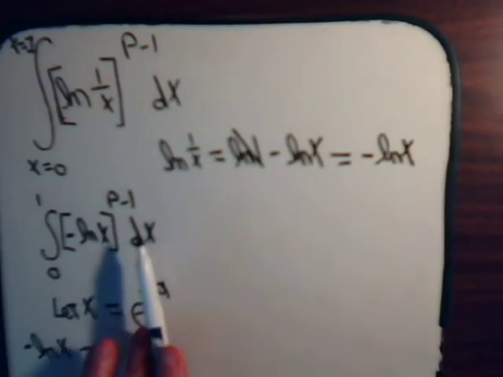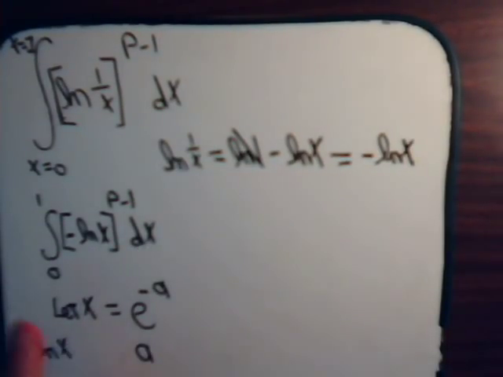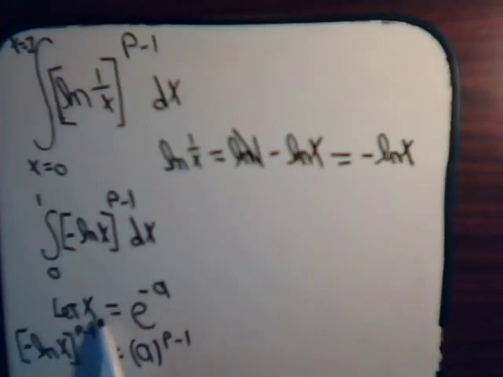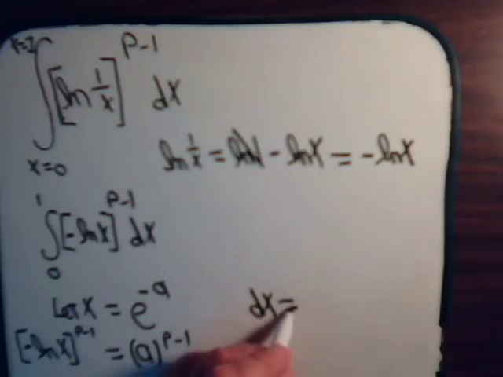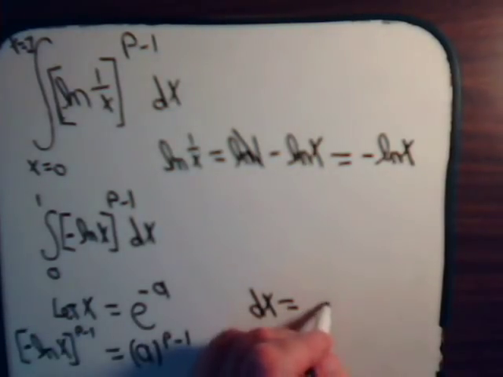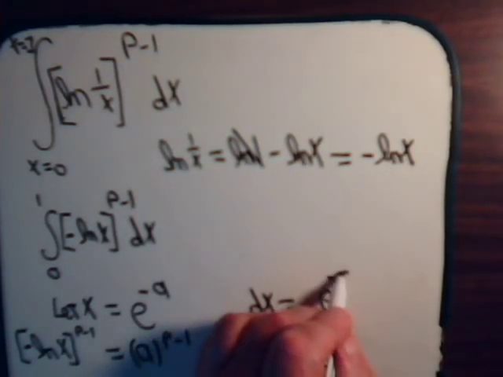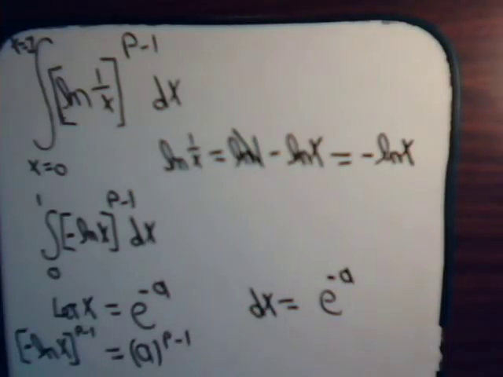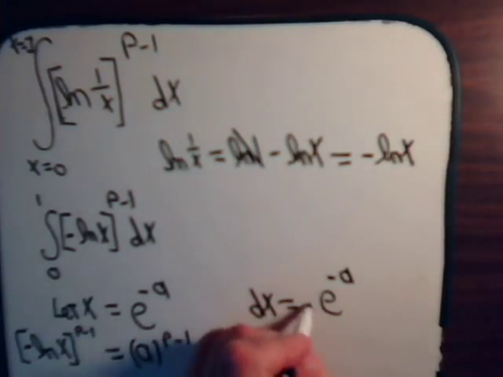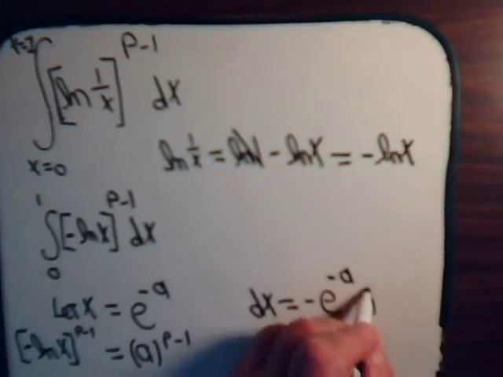And then we have this raised to a power, p minus 1, so that will equal a raised to that same power. And now from our substitution here, dx, that's just going to be e to the minus a times the differential of this exponent, that will be minus dA.